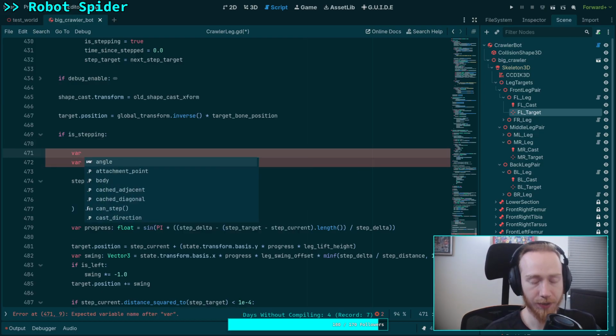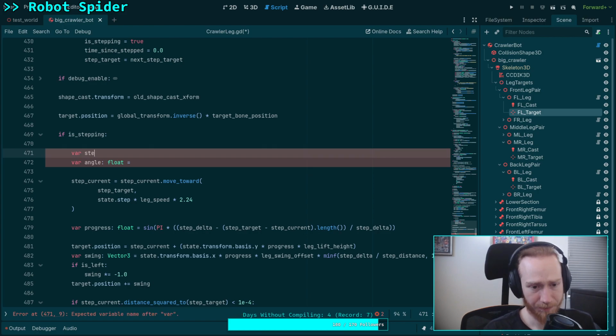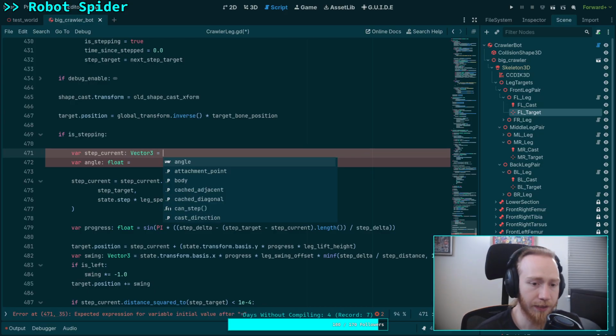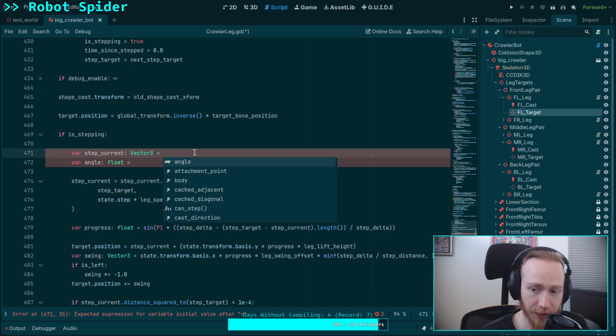Right, I need this one first. I need a step... I'll just call it step current. Target is relative to the leg.